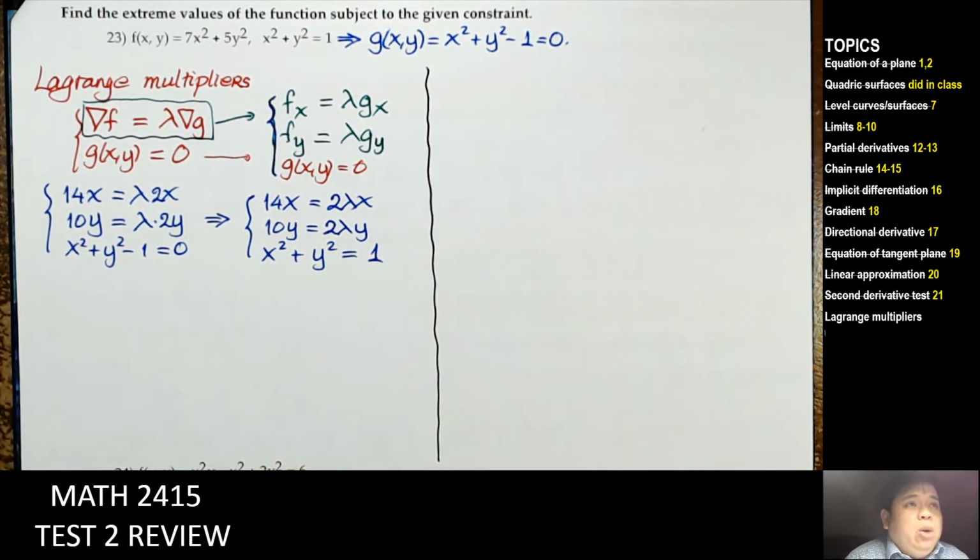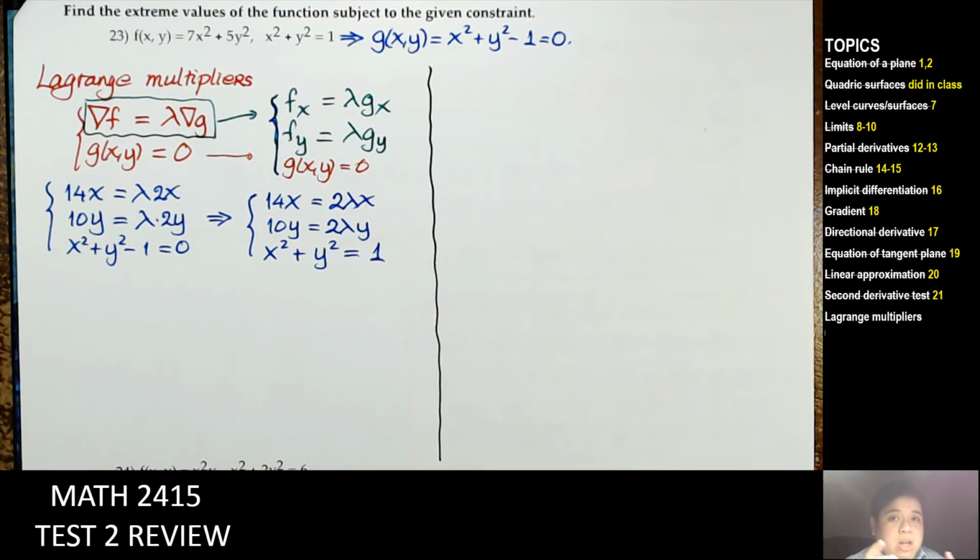Here we can use elimination or substitution. Notice lambda is the Lagrange multiplier. We really don't need to know what it is. The objective here is to find the point x and y. So if somehow we can eliminate lambda, that is good.